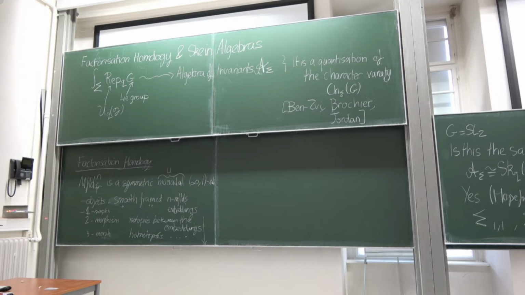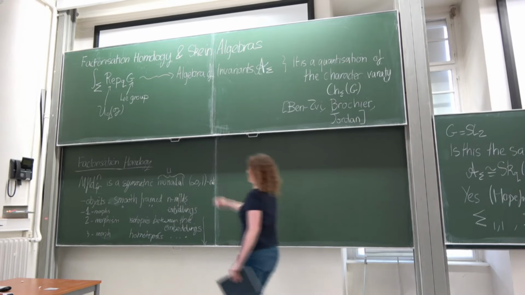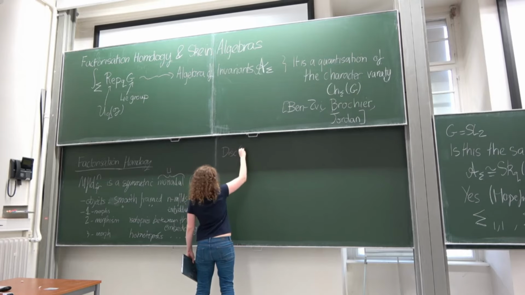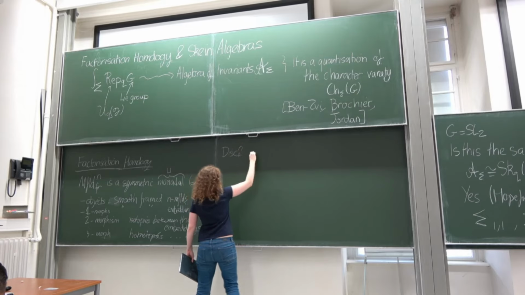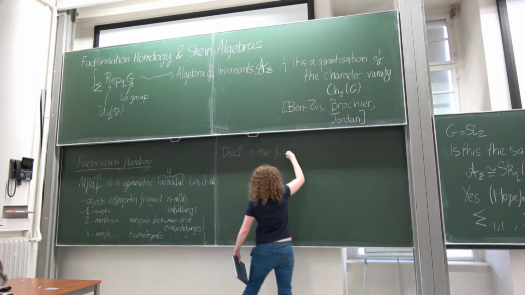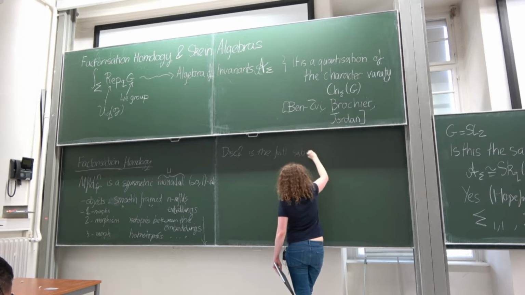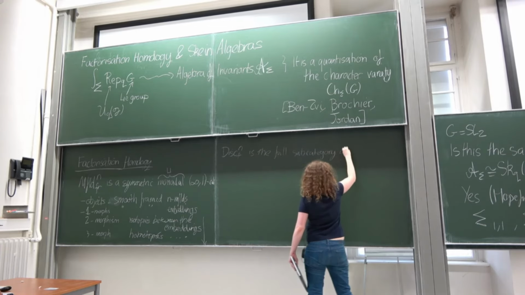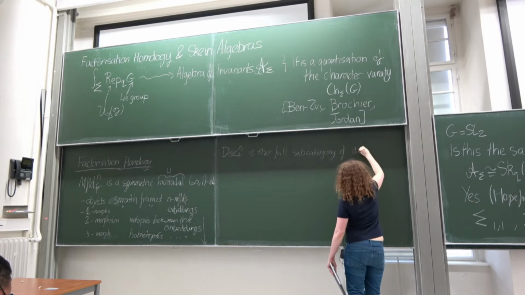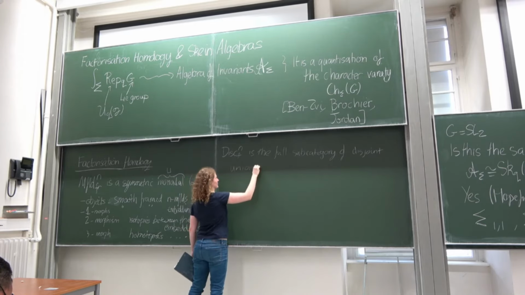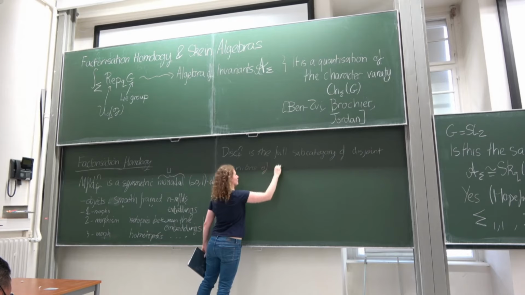Okay, and now we have as a full subcategory, Disk, again in R^n, and framed is the full subcategory of disjoint unions of R^n.